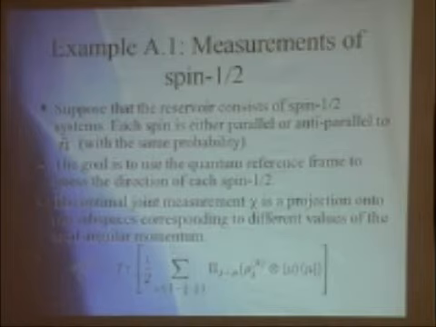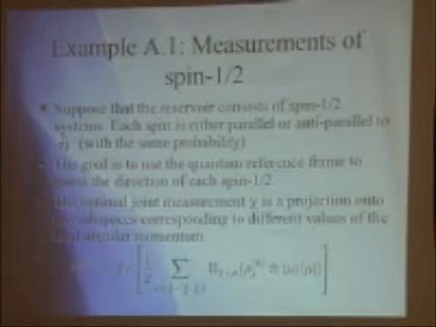Now, the goal is to use a quantum reference frame, a spin j in the direction of n-hat, to guess in which direction each spin 1 half is, whether it is parallel or anti-parallel to n-hat.